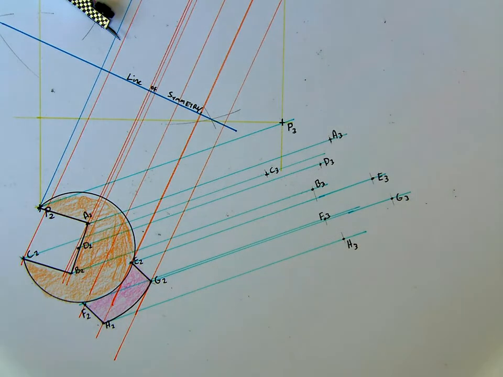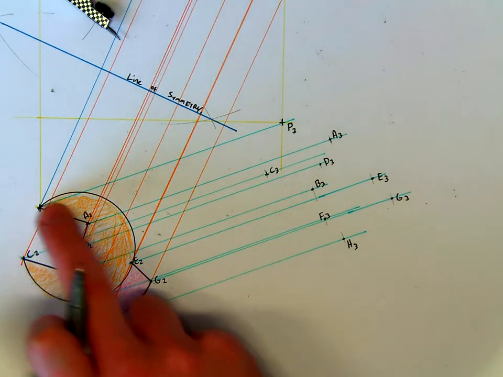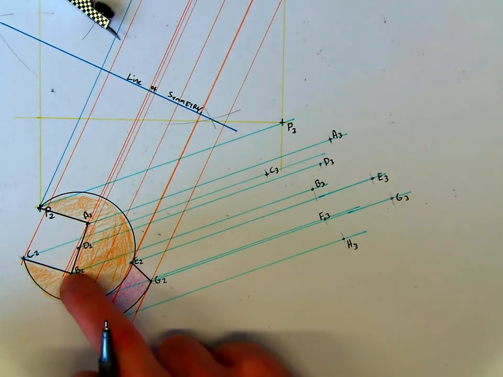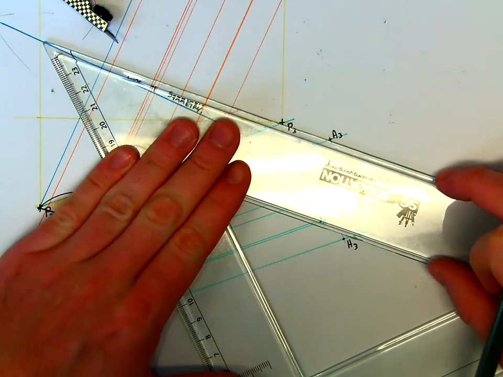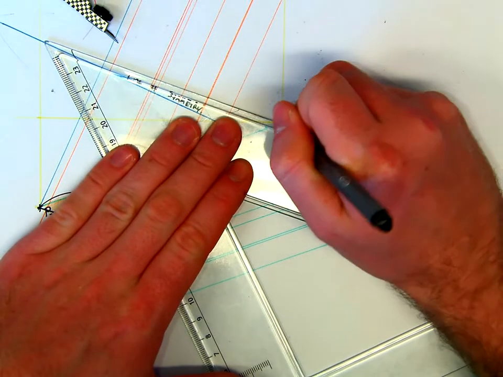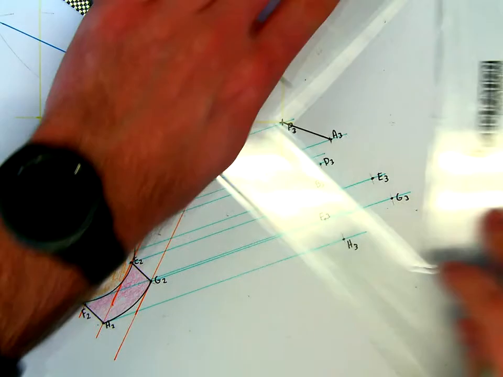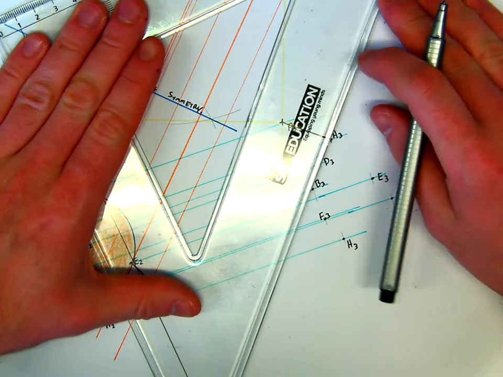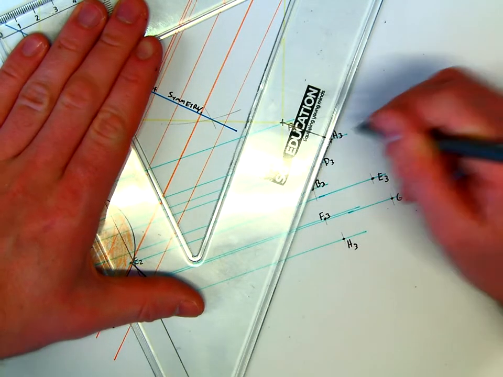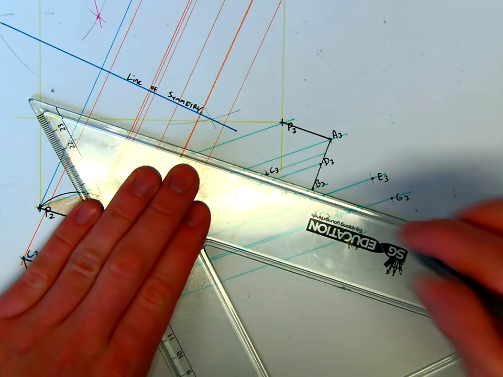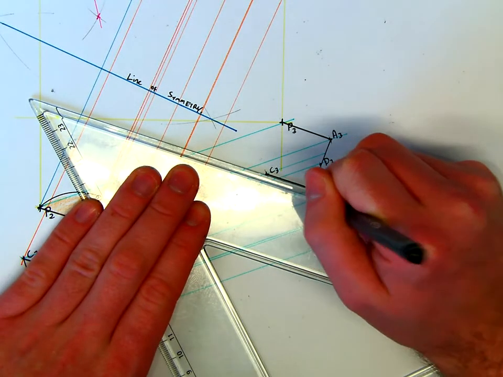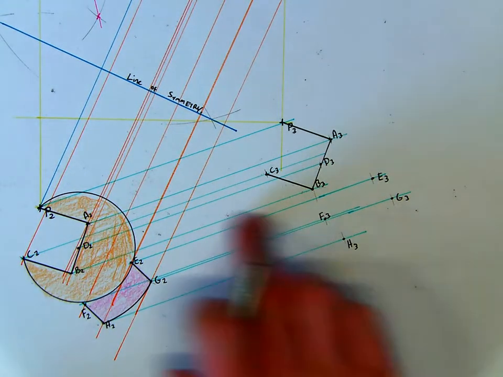Okay, so following the same path again, P goes to A goes to B, and B goes to C. And you should notice that those two squares are heading in exactly the same direction.